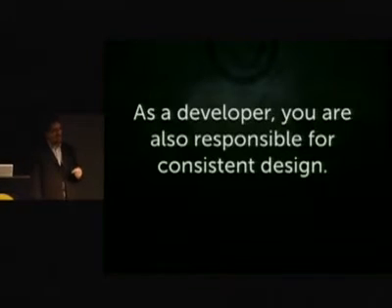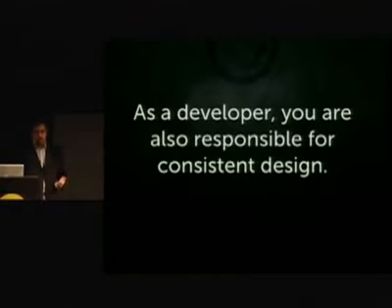It's not just a matter of taking the design comps that a designer gives you. It's a matter of looking at what you need to implement and making it consistent, because you're the one building out the HTML and the CSS, and possibly the JavaScript, and possibly the back end. All these different components, it's just simply more work that you have to maintain. So the more consistency we have, the easier it is to maintain.